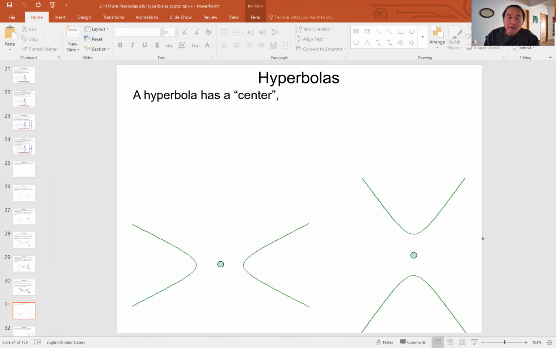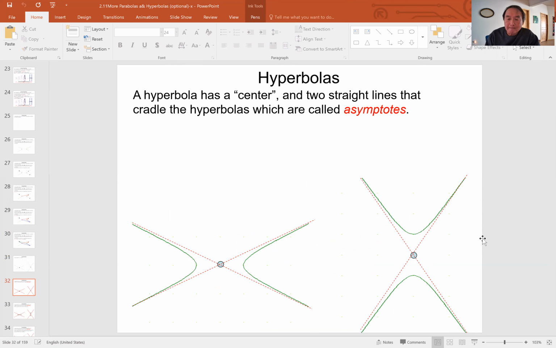A hyperbola has a center, just like all the rest except parabola, just like circles and ellipses have a center. And it has a pair of lines that the hyperbola asymptotically approaches.